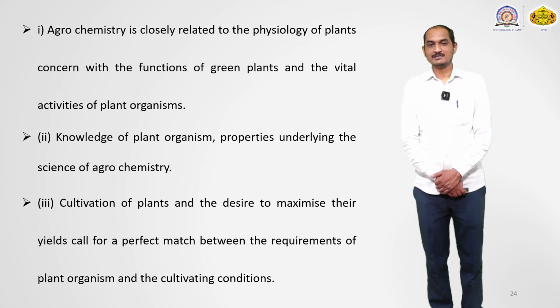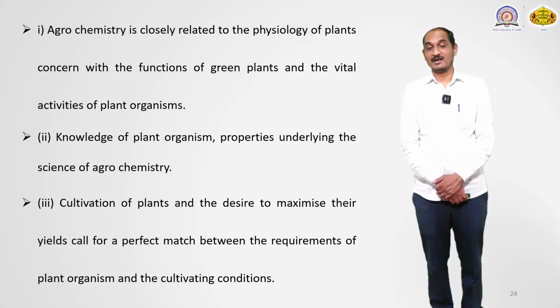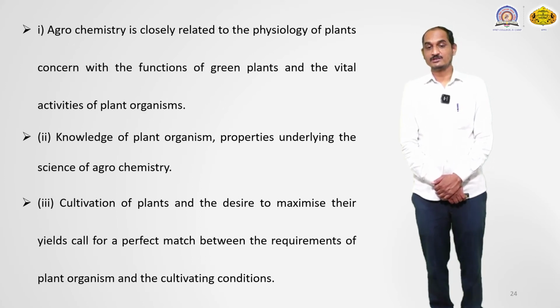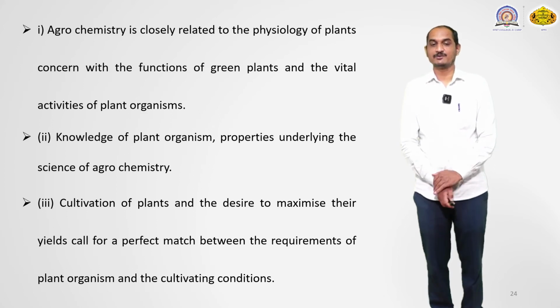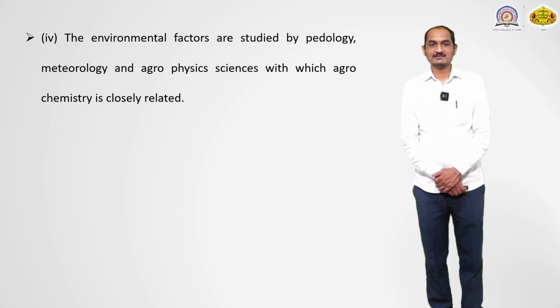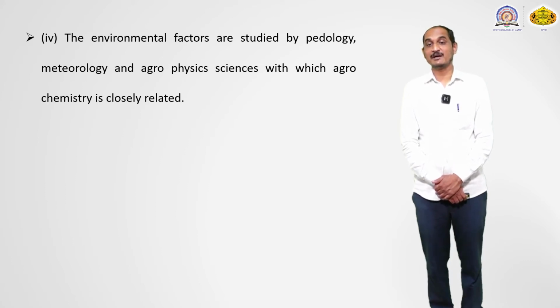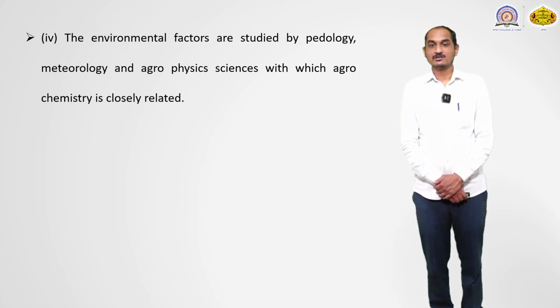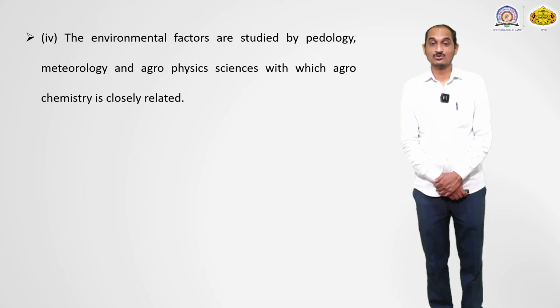The third important part is that the cultivation of plants, and deciding the maximum yield, calls for a perfect match between the requirements of the plant organism and the cultivation method. Next, environmental factors are studied by pedology, meteorology and agrophysics, with which agrochemistry is closely related.